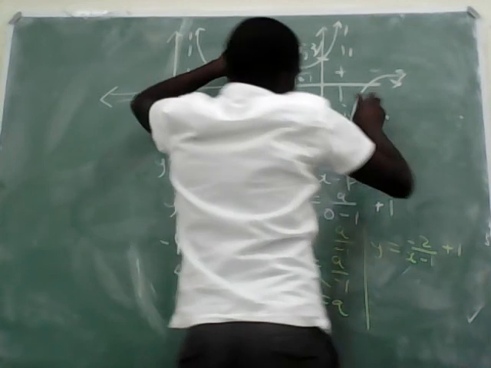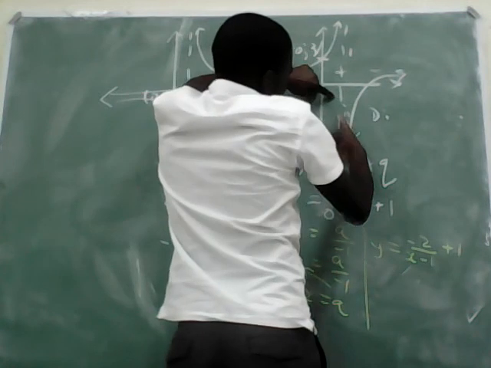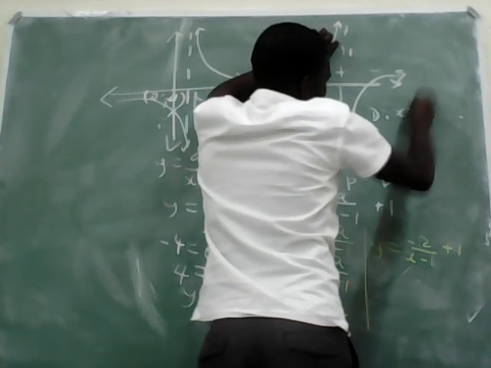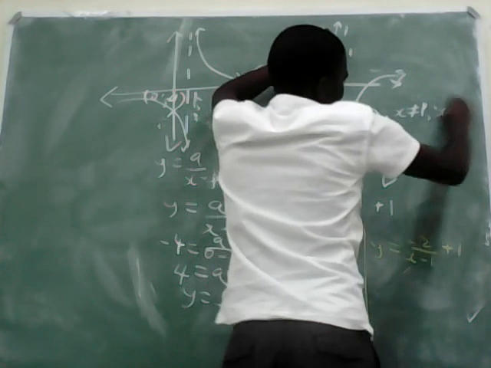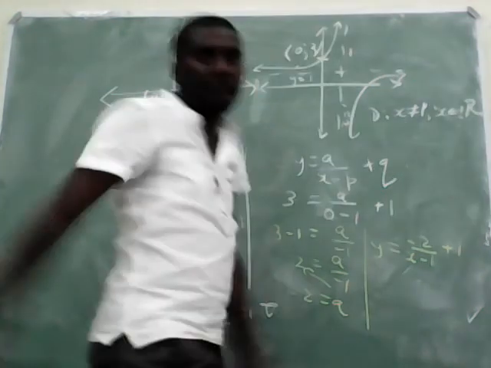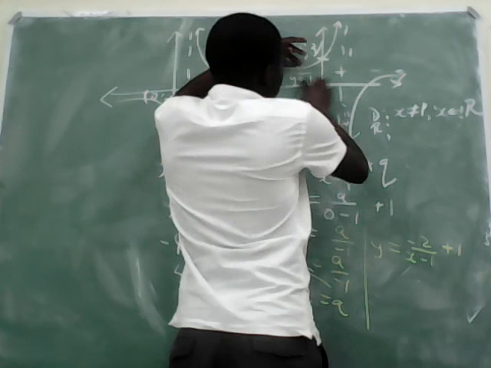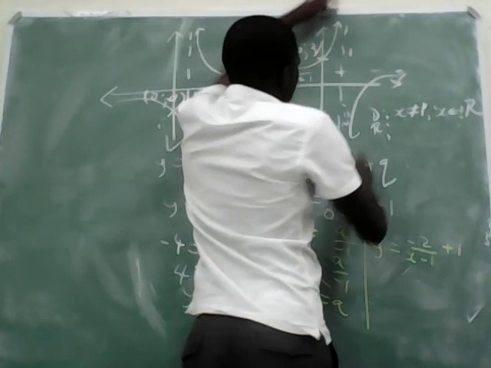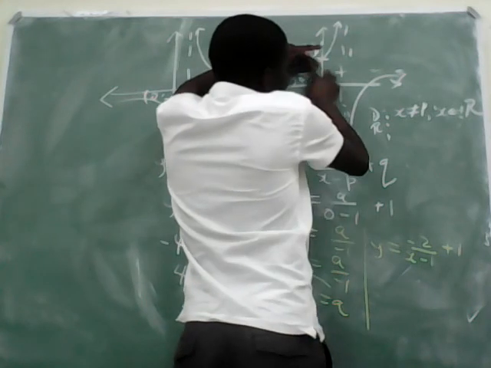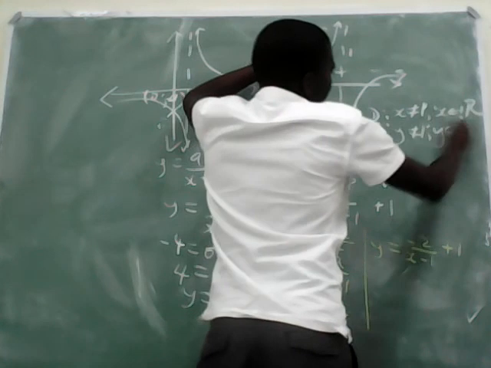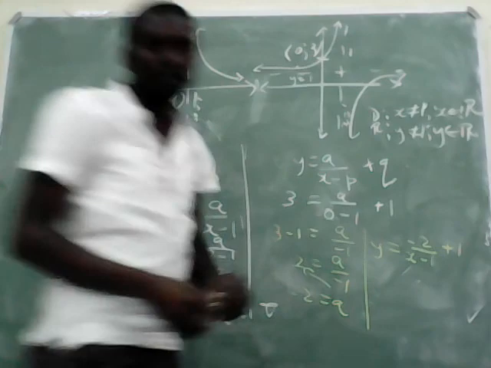All values of x except 1. So x can never be 1, but x is an element of real numbers. The range as well: we're excluding only 1. You can go up or down but can't cross 1. So y can never be 1, y is an element of real numbers.